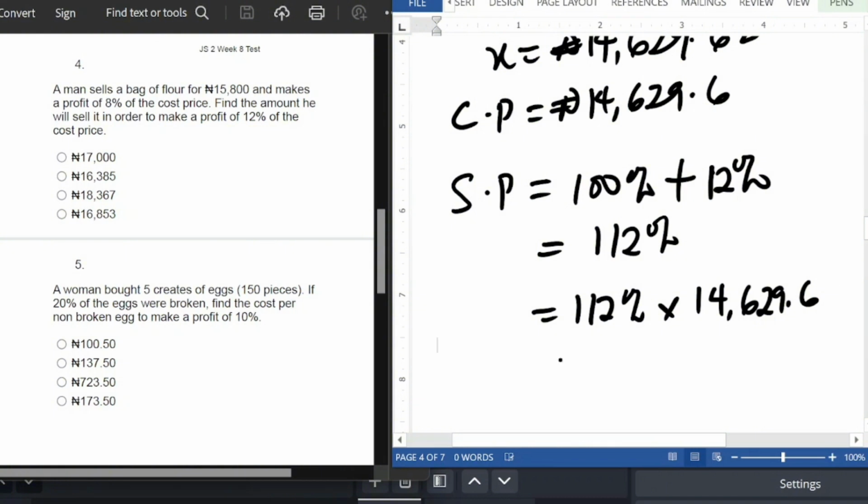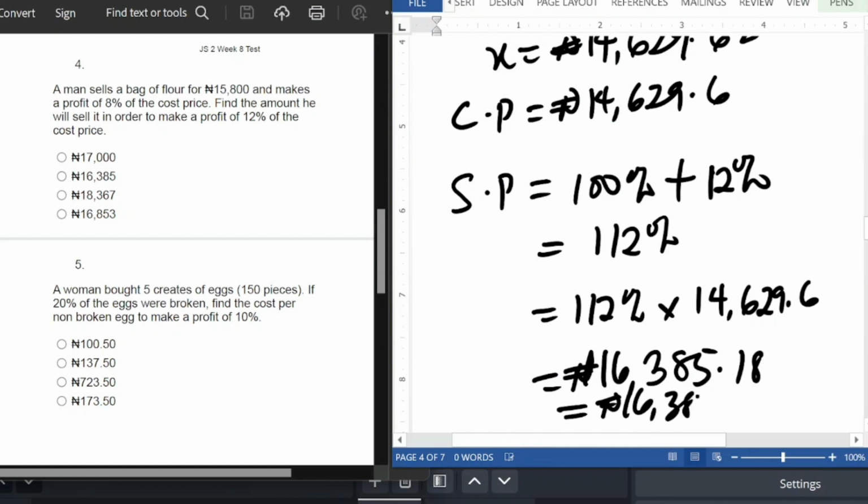So we multiply by 1.12, and this gives us 16,385.18, approximately 16,385, which is option B. I hope that is very clear.